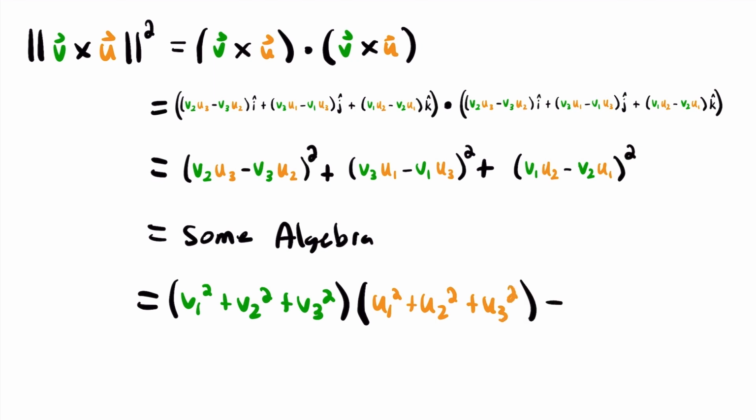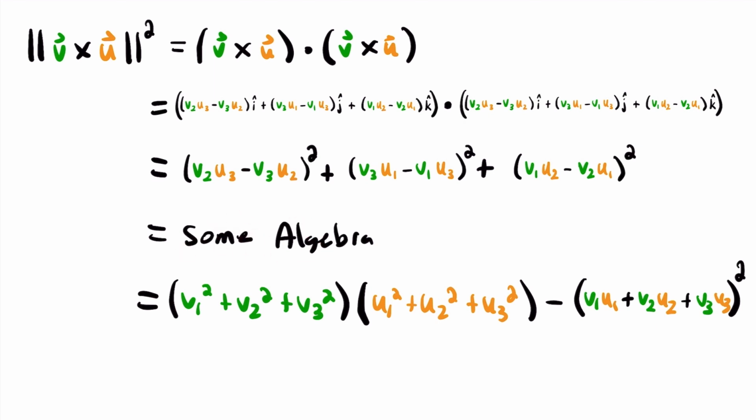And then you're going to subtract one final term that looks like this. And this is a quantity that is squared. You'll have v1 times u1 plus v2 times u2 plus v3 times u3. All right, so performing this dot product between these two cross product vectors will result in this expression right here after you do a lot of algebra.